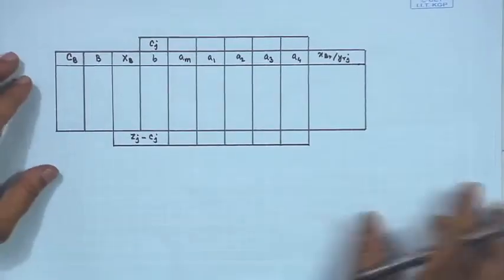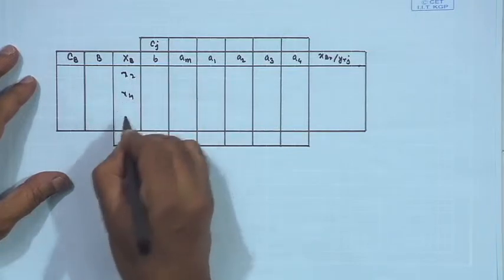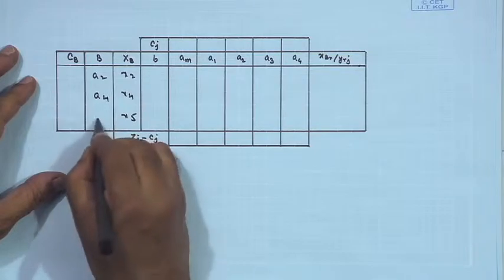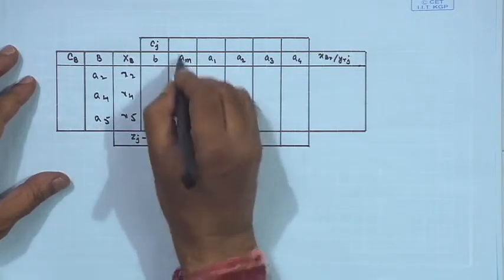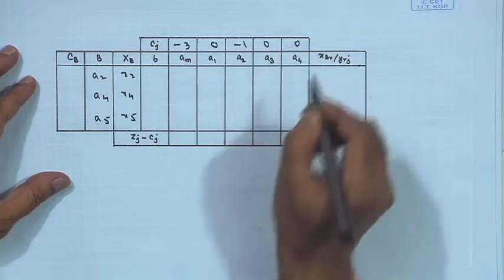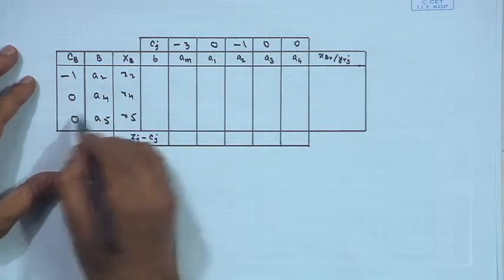So, the next table we can write as x2, x4 and x5. Here it will be A2, A4 and A5. Cj values are minus 3, 0, minus 1, 0 and 0. Cb values will be, A2 is minus 1, then 0, 0.